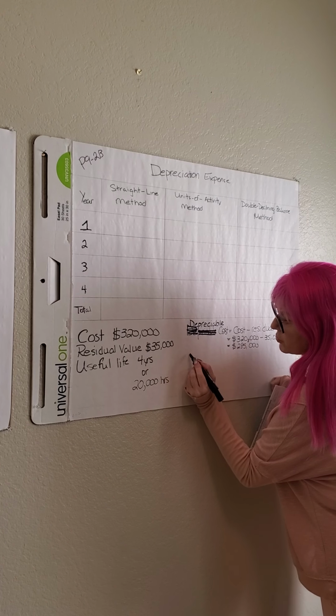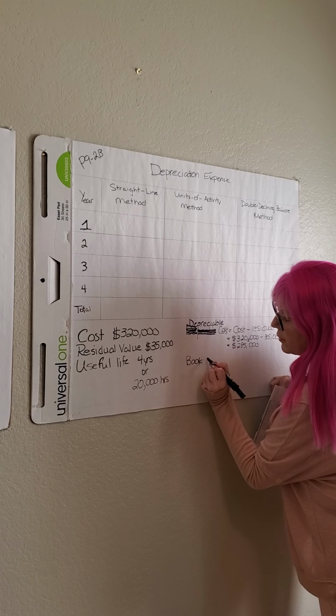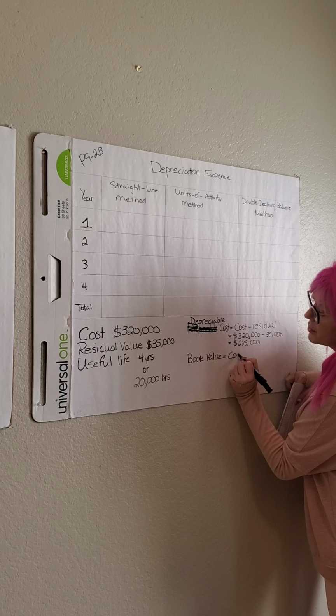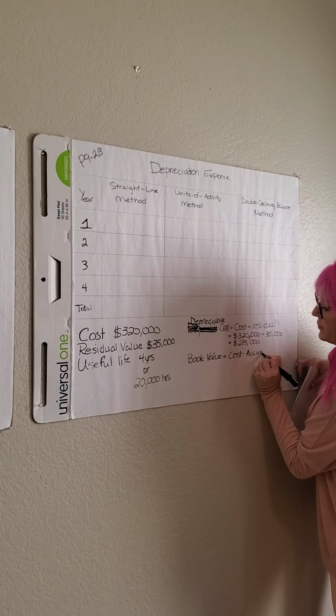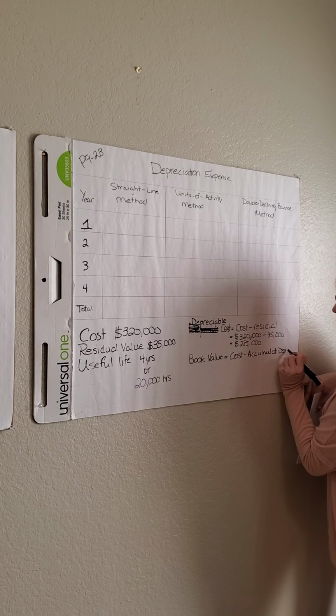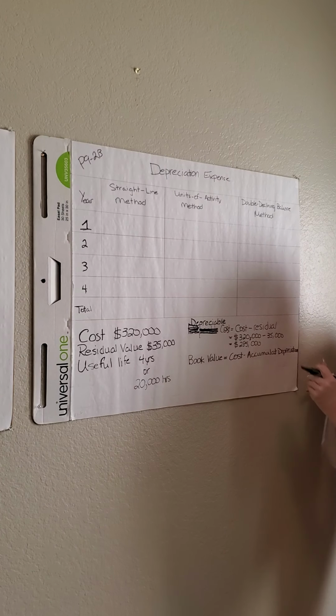Additionally, it's important to remember that our book value equals cost minus accumulated depreciation. Whoops, all right, almost ran out of room.